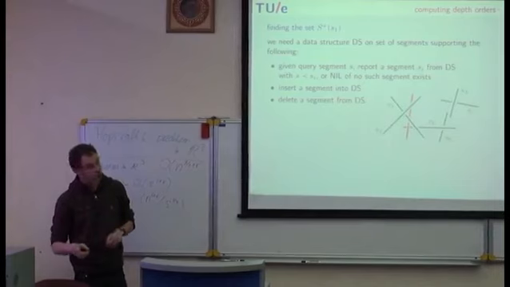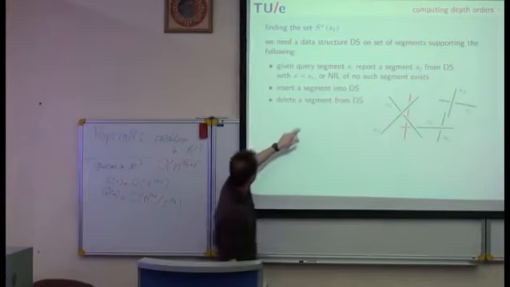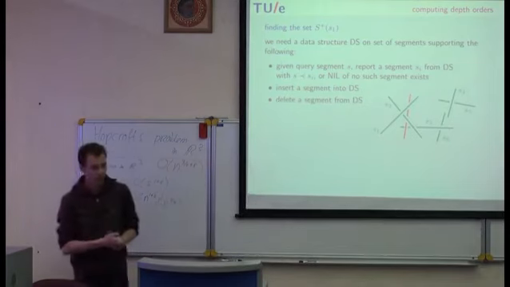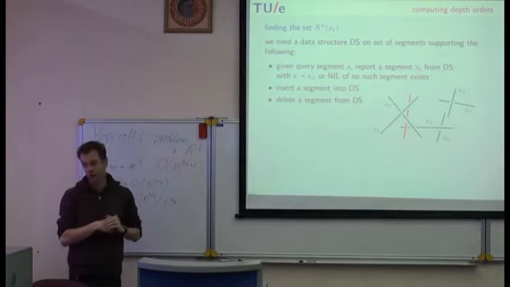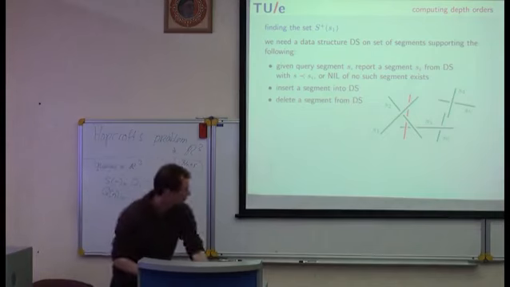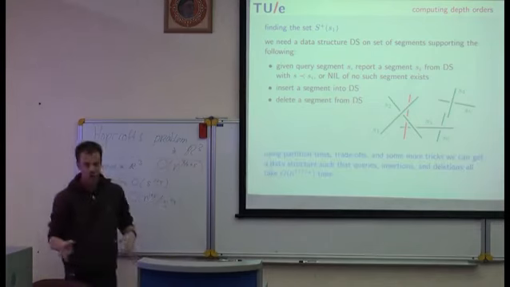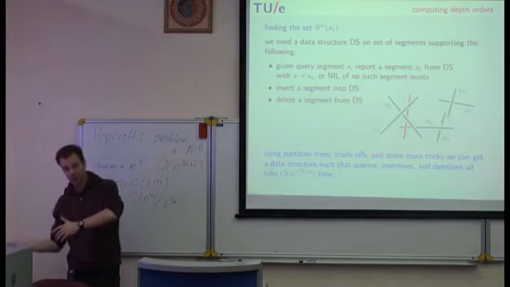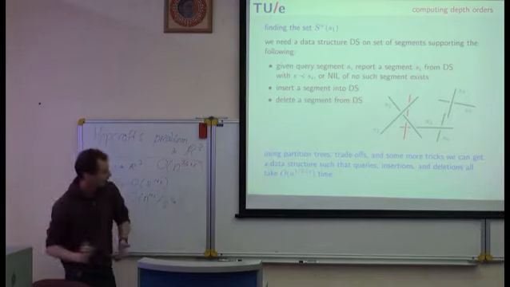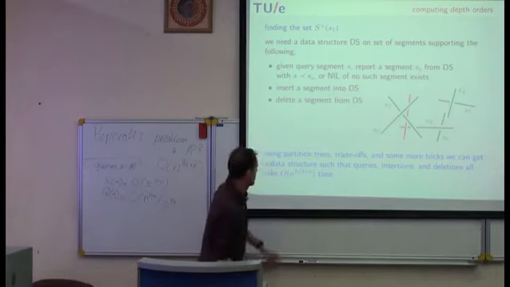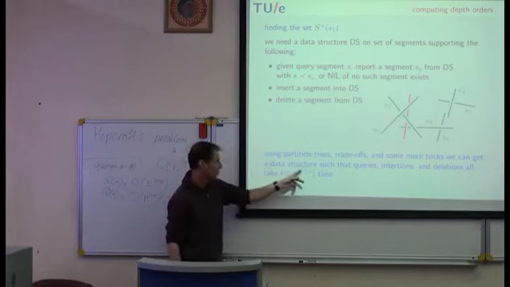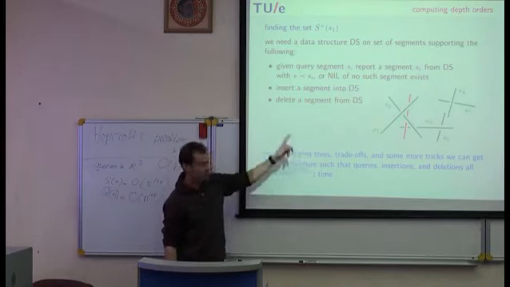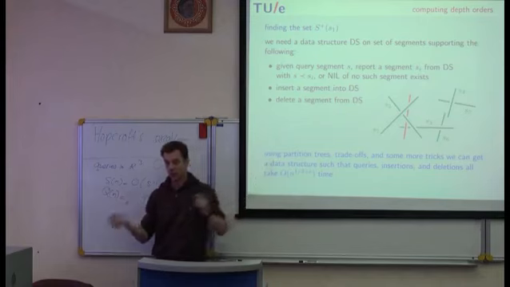Actually, I will also need a second data structure where this is the other way around, but that will be clear. Suppose I have this data structure, and using our partition trees and our trade-offs and some other more complicated things, you can get a data structure that has n^(1/3) query time, but also n^(1/3) time for insertions and deletions.